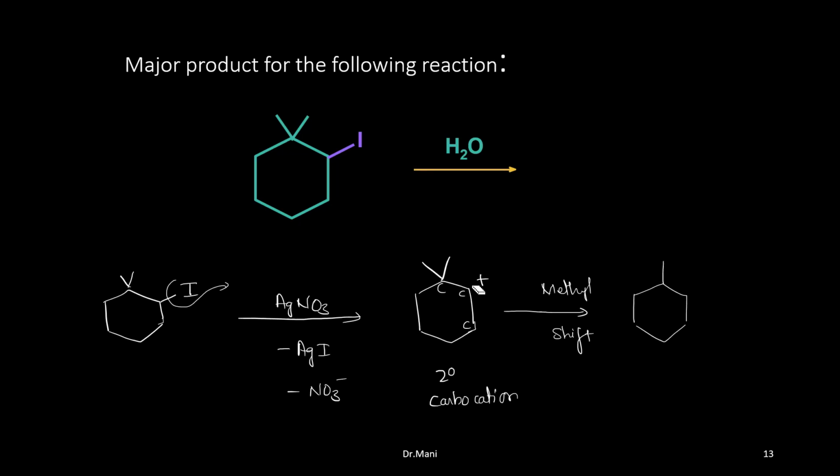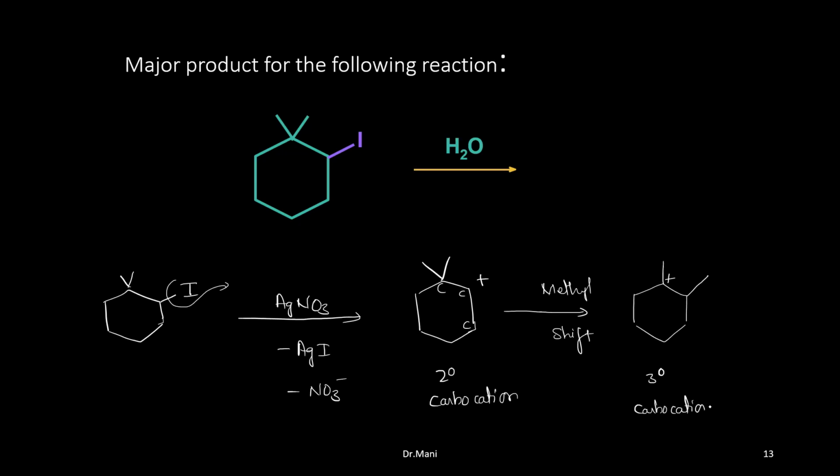That we call a methyl shift. One carbon will shift to this positive carbon for stabilization. When it moves this way, this carbon has now lost the methyl group, so this will turn out to be positive. Now I have a tertiary carbon as my carbocation.